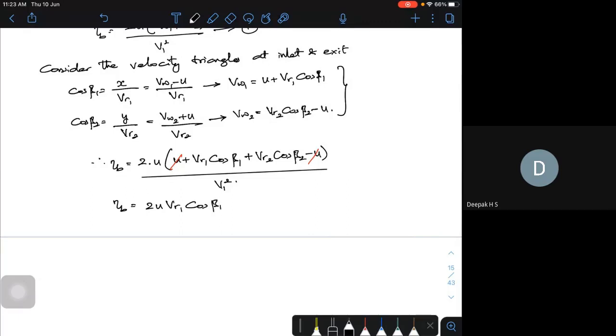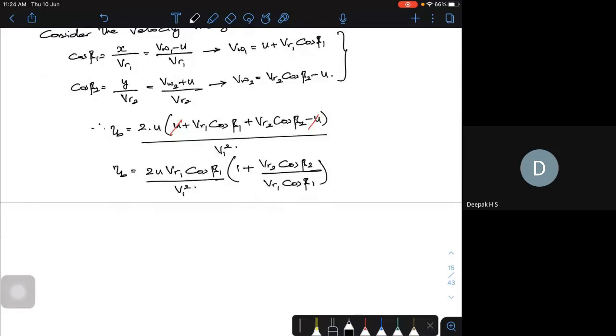If I take VR1 cos beta 1 out, what I am left with is 1 plus VR2 cos beta 2 divided by VR1 cos beta 1, the whole thing divided by V1 square. So that's what we have actually.